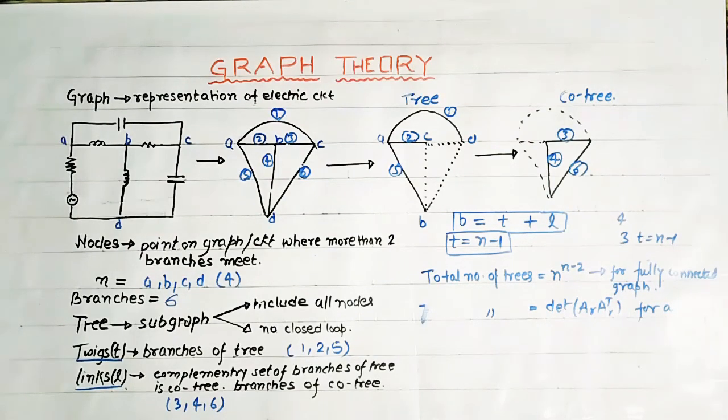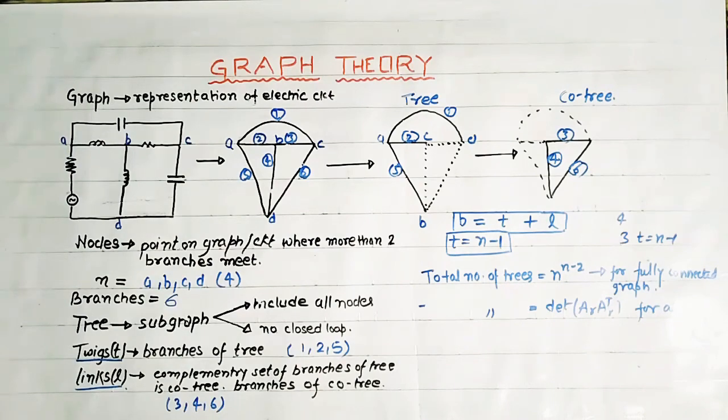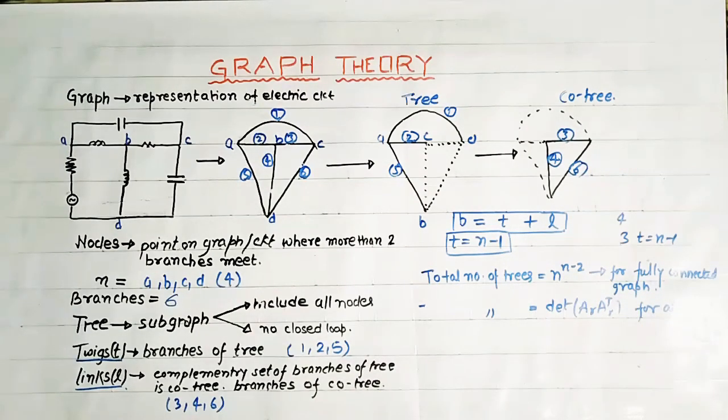Now here you see what is a fully connected graph and what is A_R. A_R is actually the reduced incidence matrix. In my next part of the lecture I will explain the reduced incidence matrix. So in case of a fully connected graph, the total number of possible trees is n to the power n minus 2.